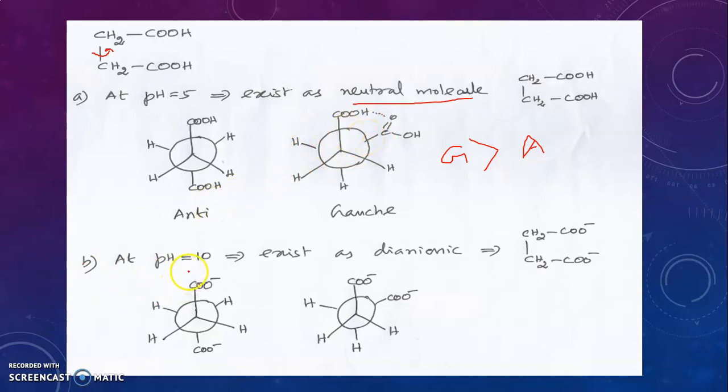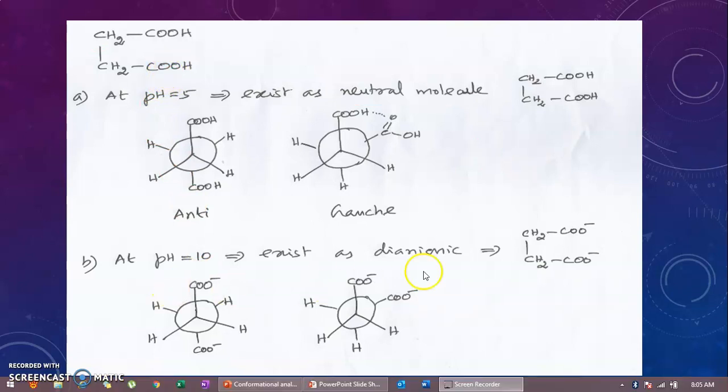Suppose you go to pH 10, in basic medium. In basic medium, acid reacts with base and forms salt. So at pH equal to 10, succinic acid exists as a salt. Remember, salt will ionize, so the dianion exists in the solution.